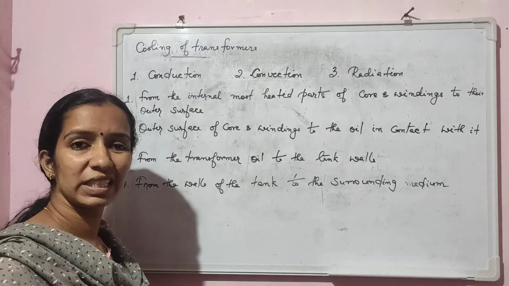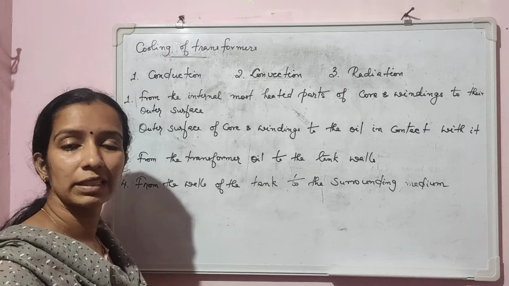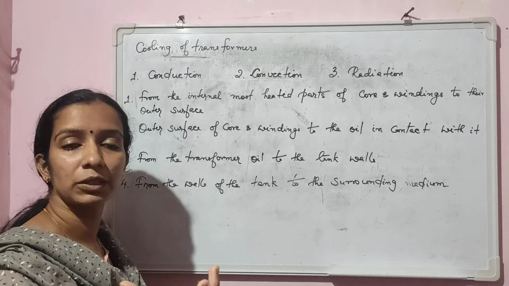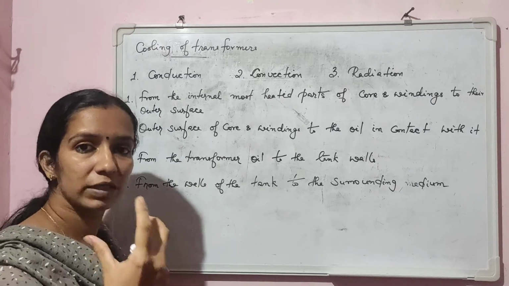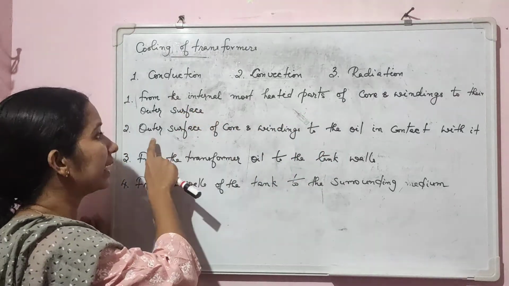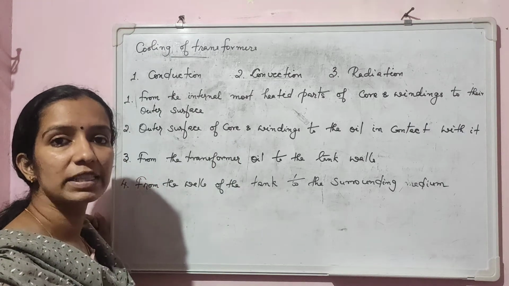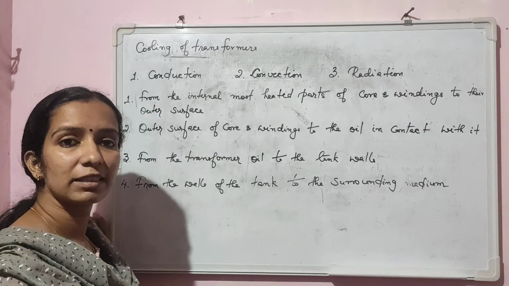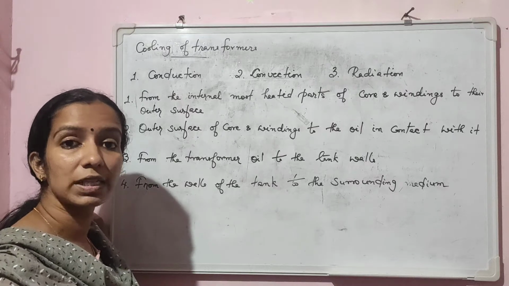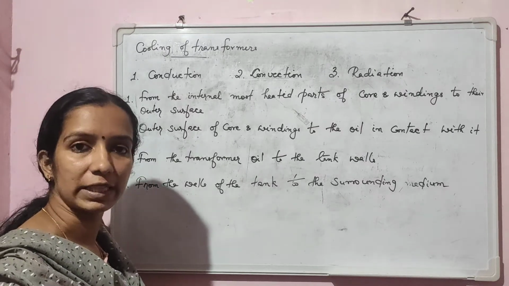And in the second path, from the outer surface of the core and windings, the heat will be transferred to the transformer oil, which is in contact with the core and windings.